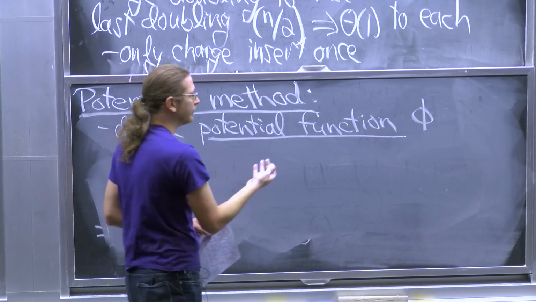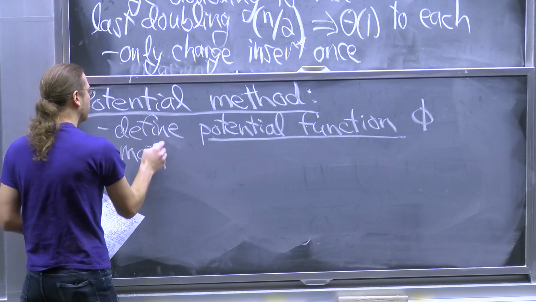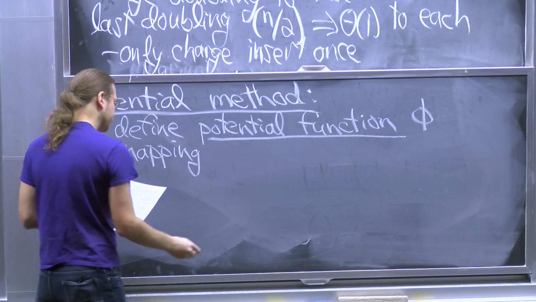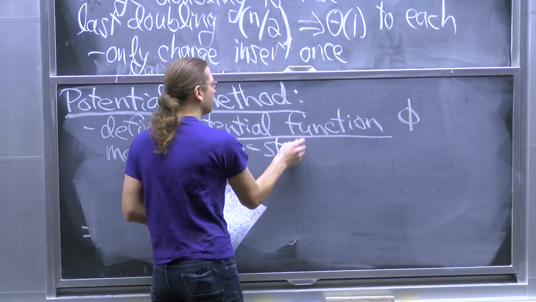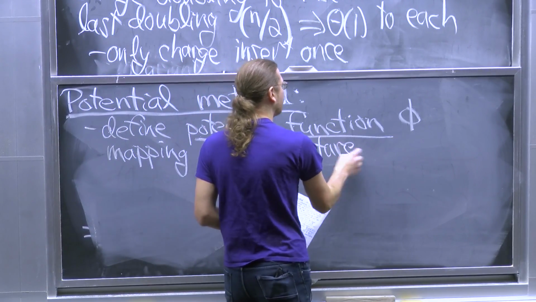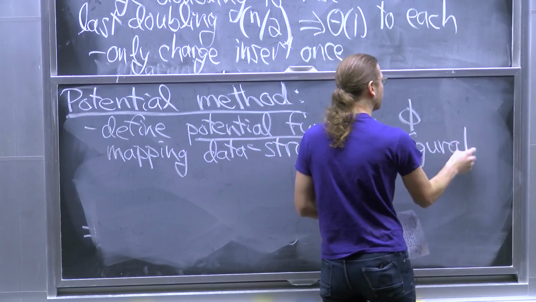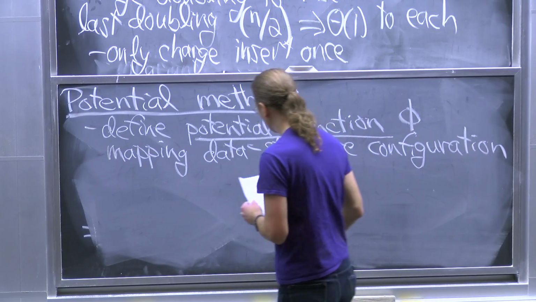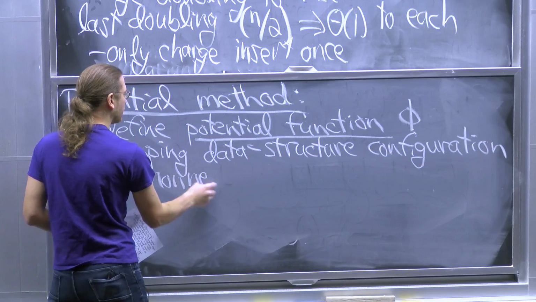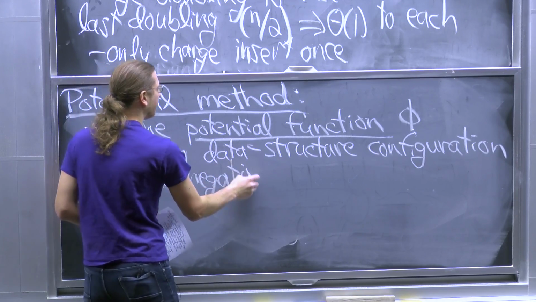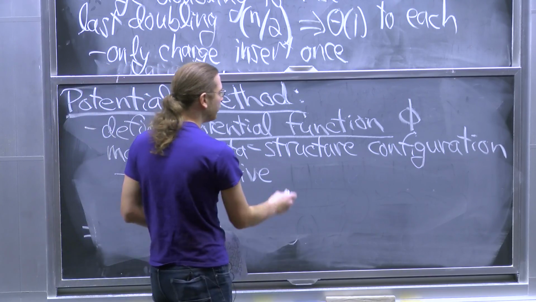You can think of it as kinetic potential, I guess. Potential energy. Just like the bank account, we want this function to always be non-negative.